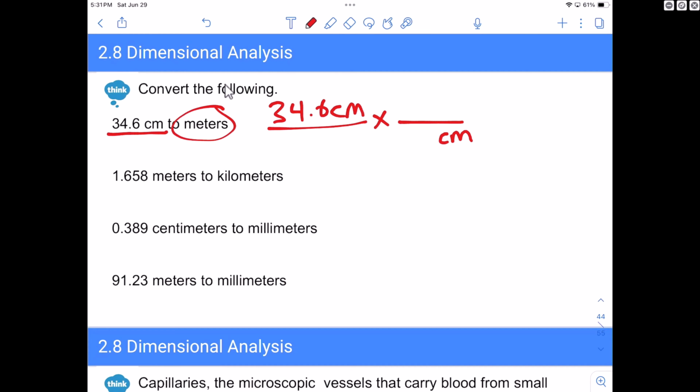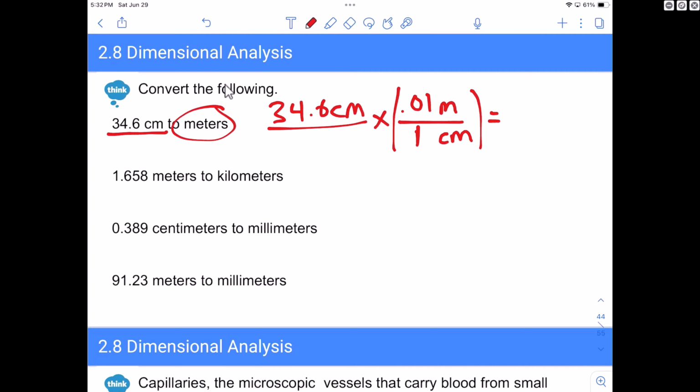Remember, those prefixes can apply to any of the base units that we've talked about before. So I can go from centimeters to meters. Remember that 1 goes with the derived unit, and then whatever it says in that right-hand column is going to go in the opposite part of the dimension. So I just put that in right there. That's my dimension: 1 centimeter is 0.01 meters, just like what we've discussed.